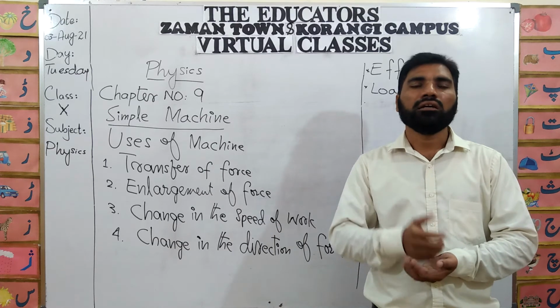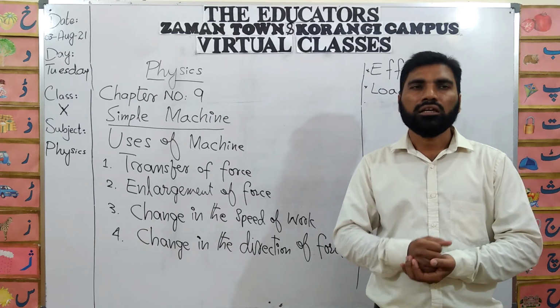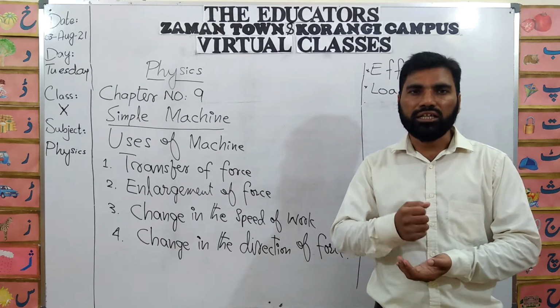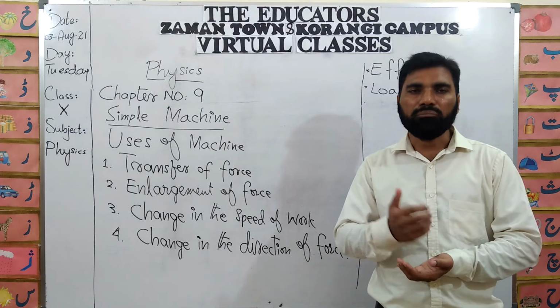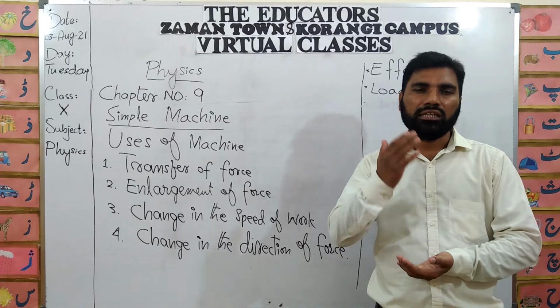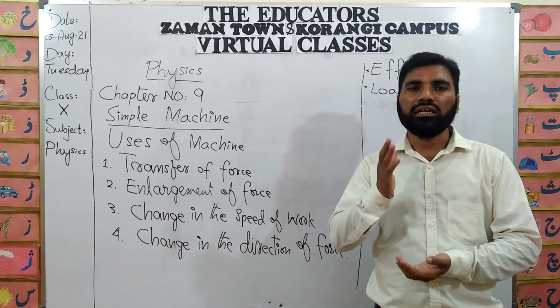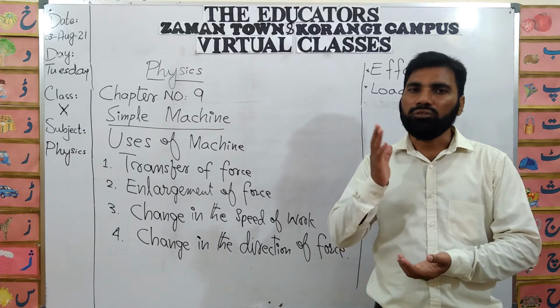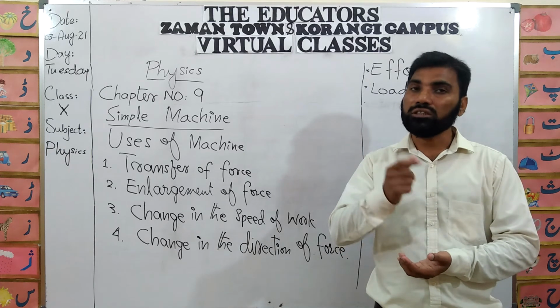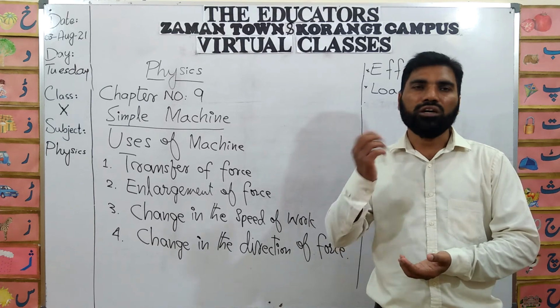You apply the force in a downward direction and the bucket is lifted upward. It means the pulley, a simple machine, is changing the direction of the force.